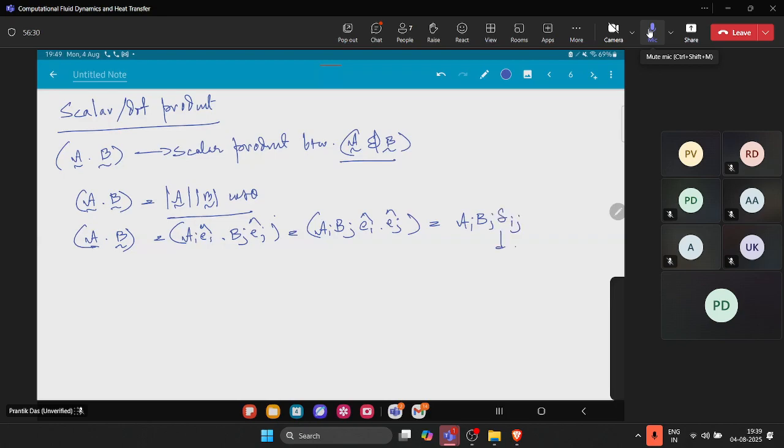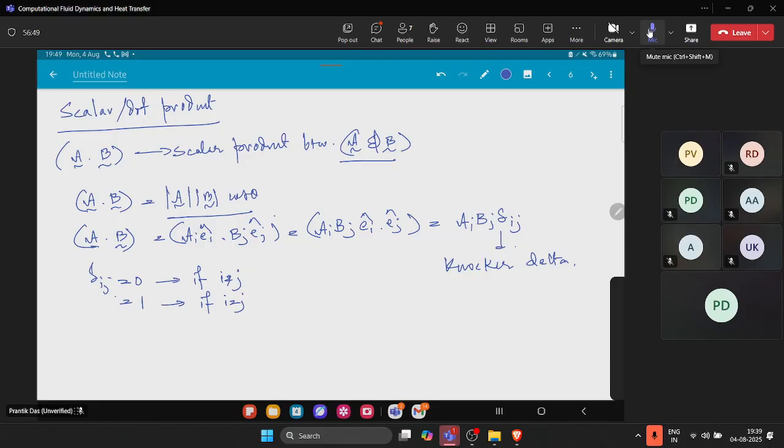So this is basically called the Kronecker delta. Okay. So delta ij is basically equal to 0 if i not equal to j, and it is equal to 1 if i equal to j.